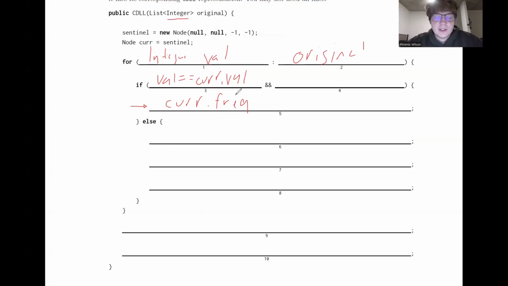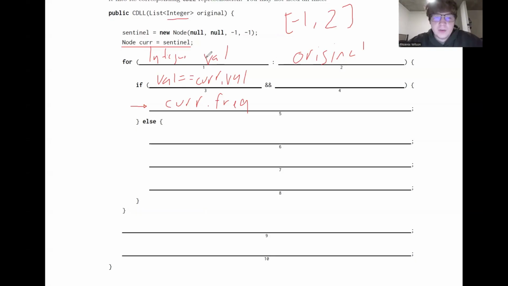Now, take a second and try to think about where this could go wrong. In particular, think about the initial case when cur is equal to sentinel. Okay, so maybe consider the list -1 and then 2.